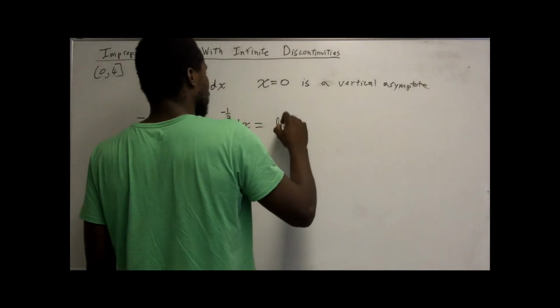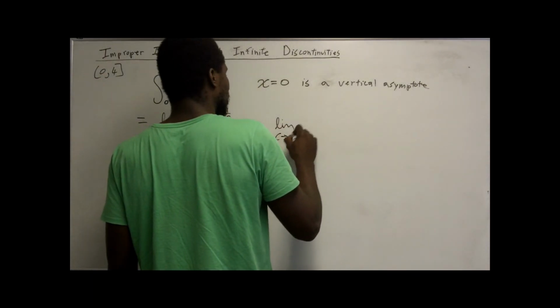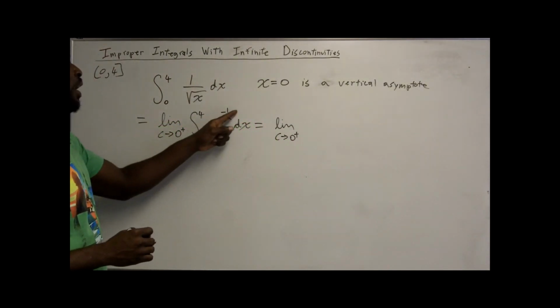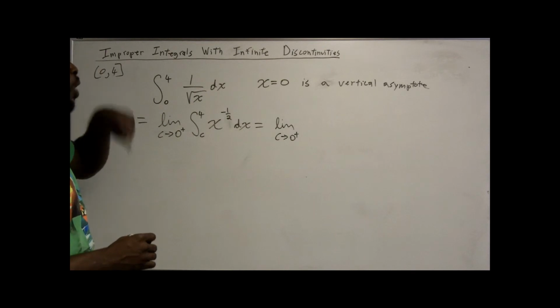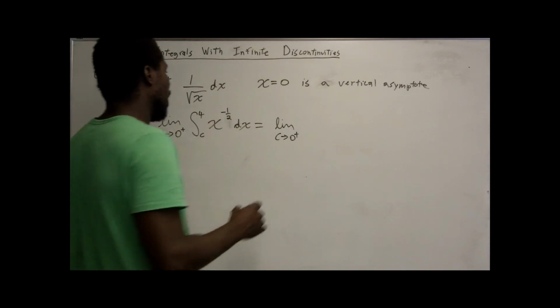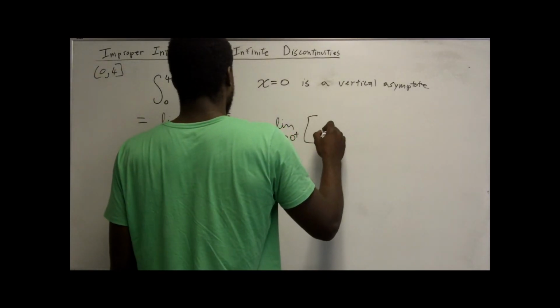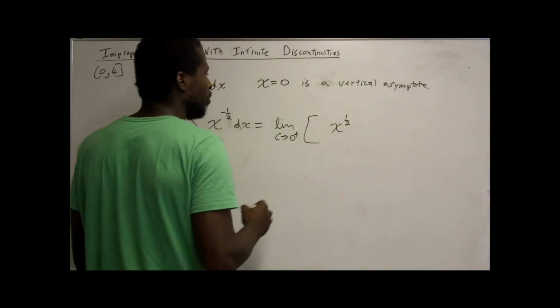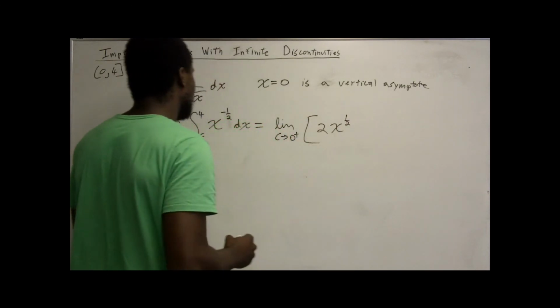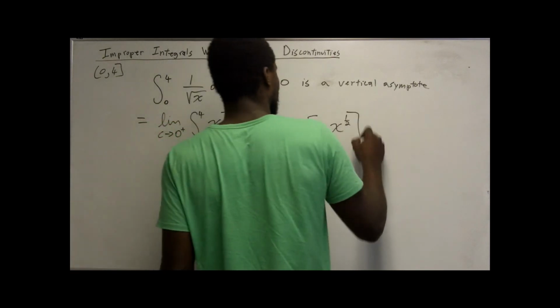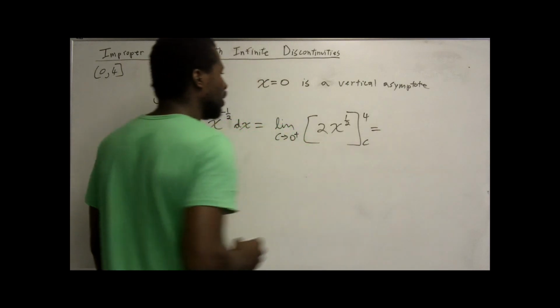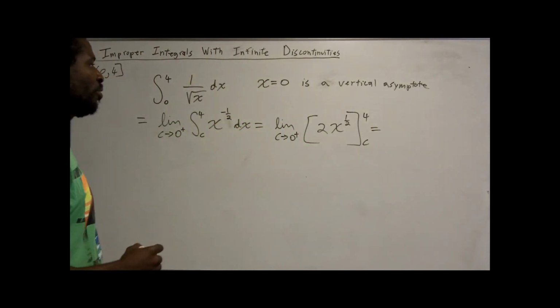This is equal to the limit as c approaches 0 from the right, and then we do this integral. Adding 1 to negative 1/2 gives us positive 1/2. So this is x to the positive 1/2, and dividing by positive 1/2 is the same as multiplying by 2. We're taking this from c to 4. First we plug in 4.